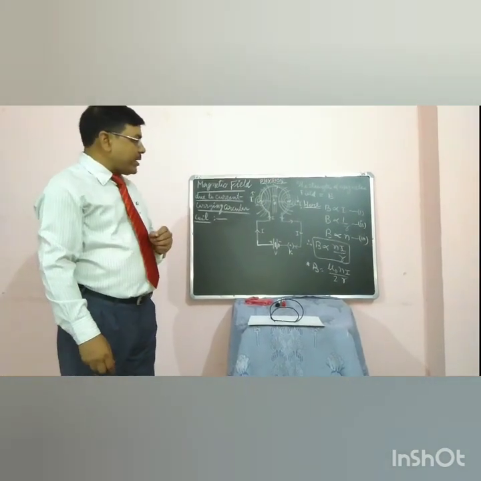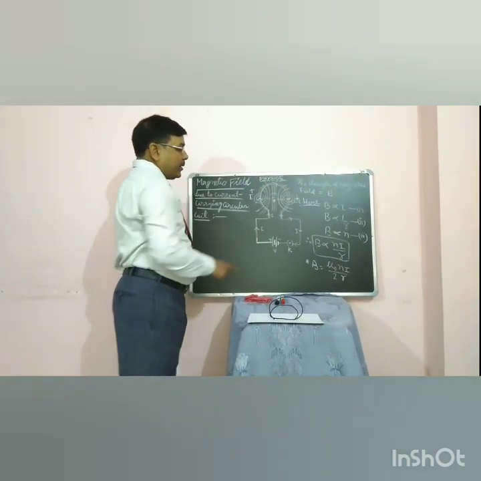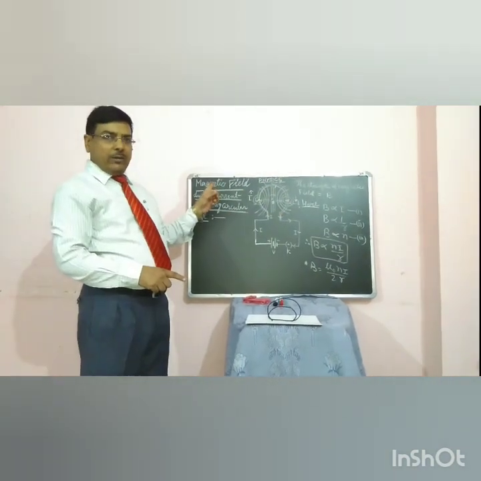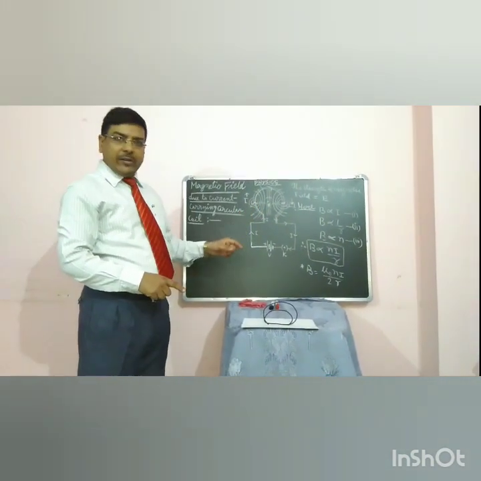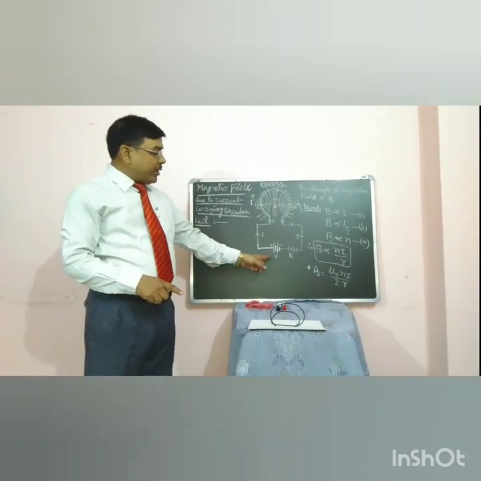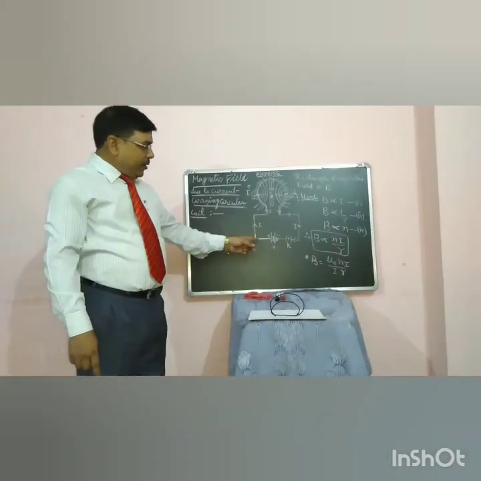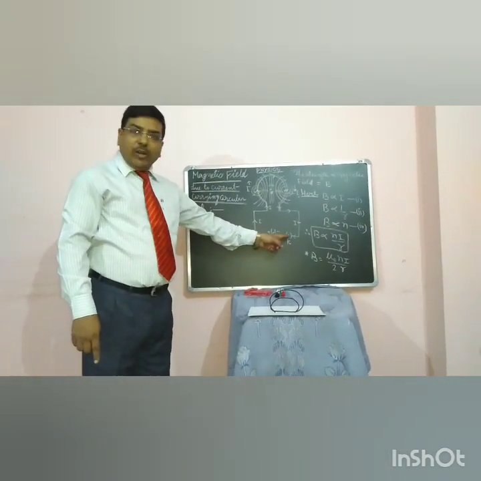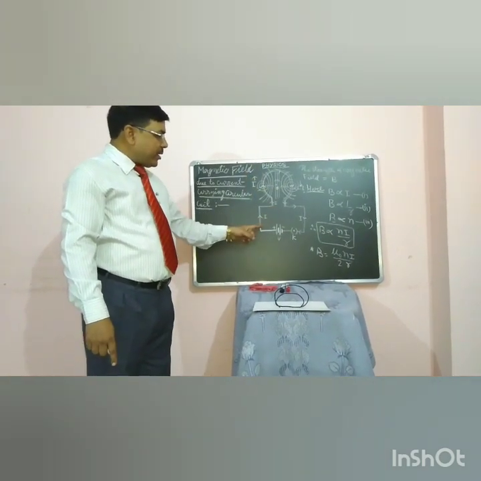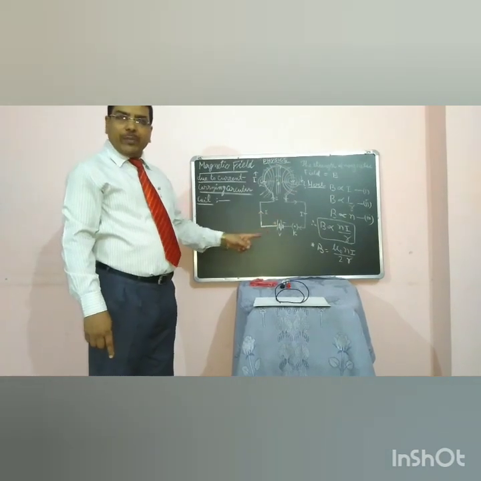We observe that at every point of the coil, let us consider a circular coil whose radius is R, and it is connected with a circuit with a voltage source. When the key is in the on position, we observe that the current flows in the circular coil.